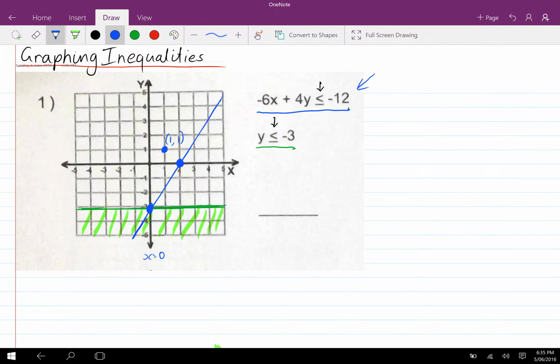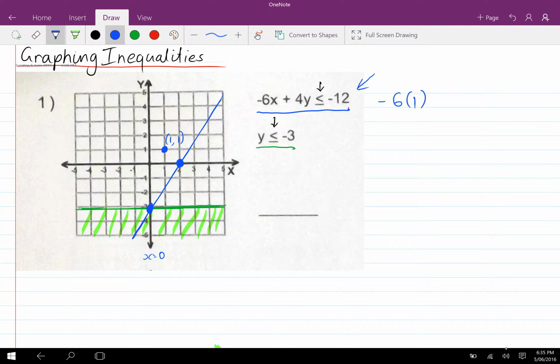Okay, and if what I get is right, then it belongs on this side. If what I get is wrong, then it belongs on the other side. Okay, all I'm doing is trying it out and testing if it's right. Okay, so I'll start that now. Minus 6, my x is 1.